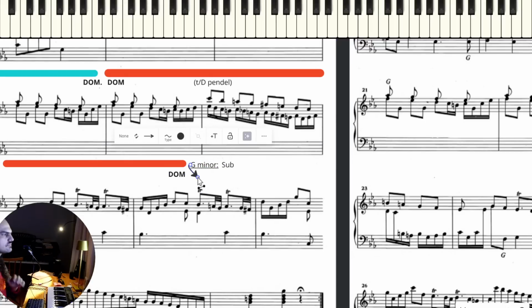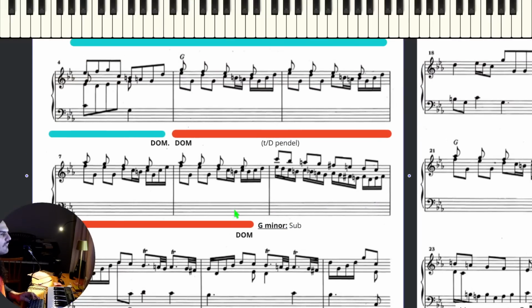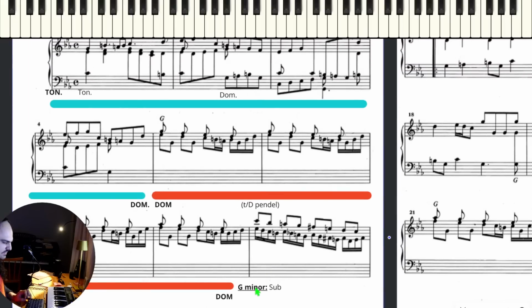So I think this is enough. G minor. So and then C minor here.